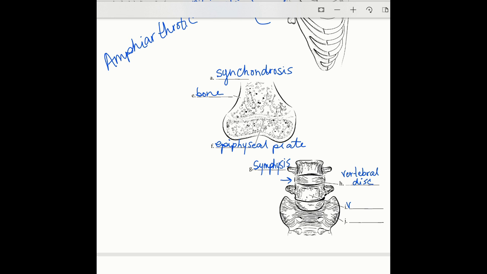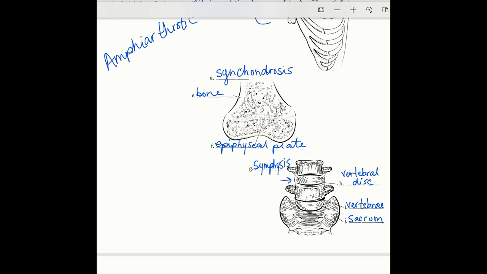We have our vertebrae and sacrum. With the vertebral discs, it's not a whole lot of movement there, but it does allow movement. So that's important. Just like the pubic symphysis, it's not a whole lot of movement, but movement is possible, and it's because we've got that section of cartilage between the bone.